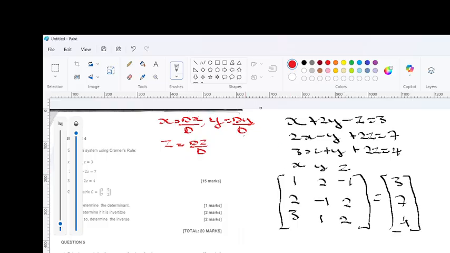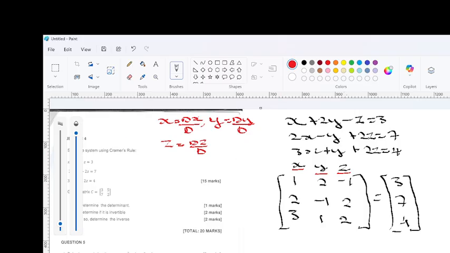To come up with the determinant for the whole system, we need to consider the coefficients of x, as well as the coefficients of y, and as well as the coefficients of z. This is what we are going to use to determine the determinant of the whole system, which is d.